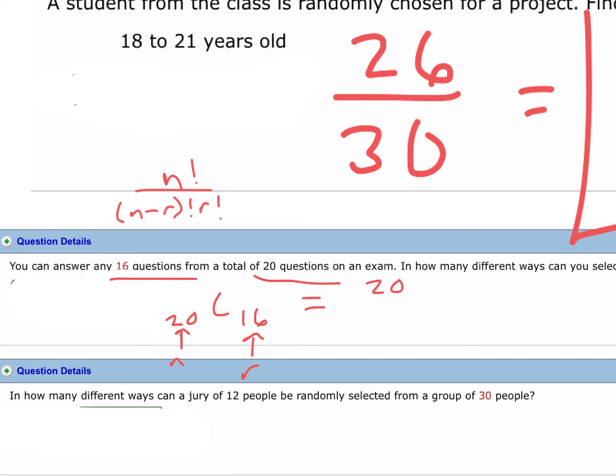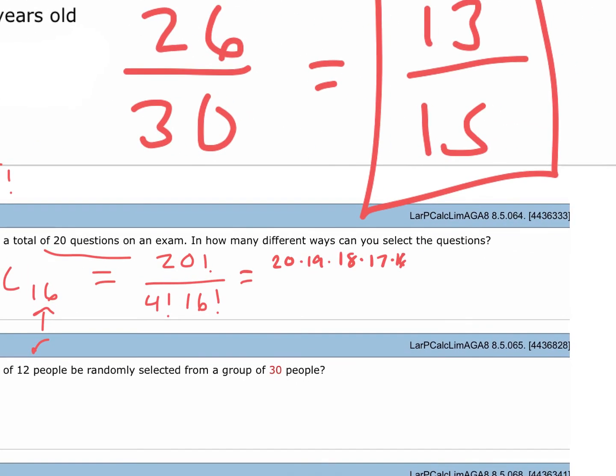So we have 20 factorial over n minus r, which would be 4 factorial times 16 factorial. We can multiply this out. On top we have 20 times 19 times 18 times 17 times 16 factorial. We can stop there because it'll cancel out with the bottom. On the bottom we have 4 times 3 times 2 and 16 factorial.